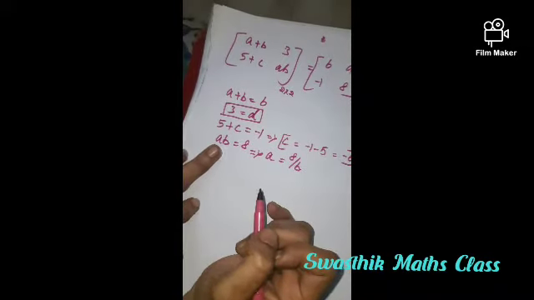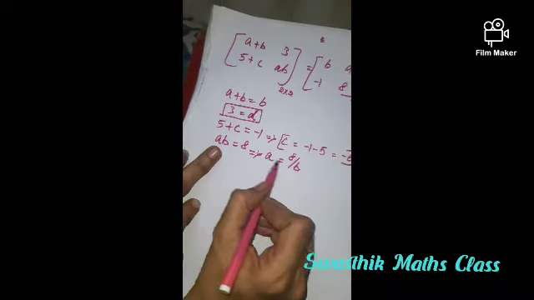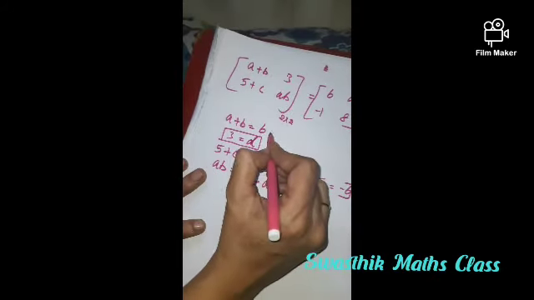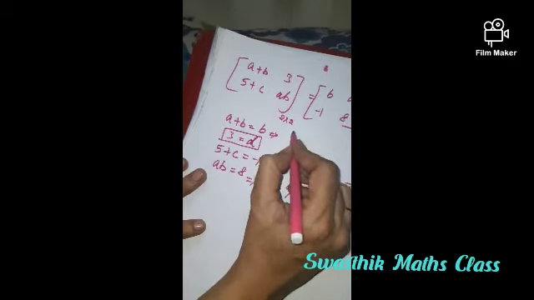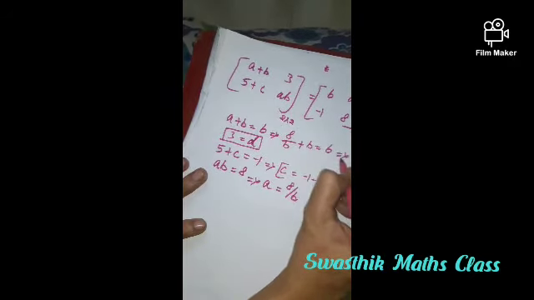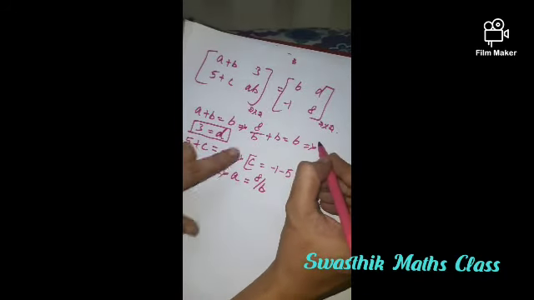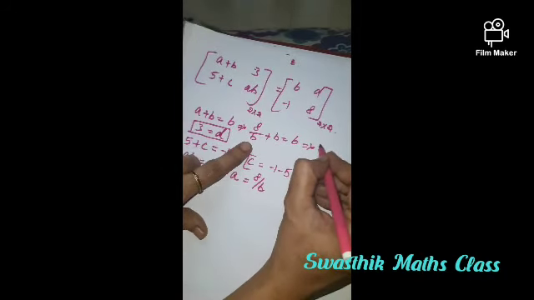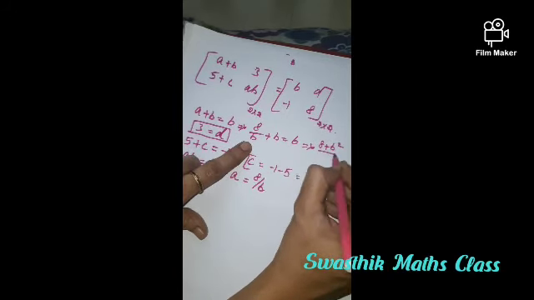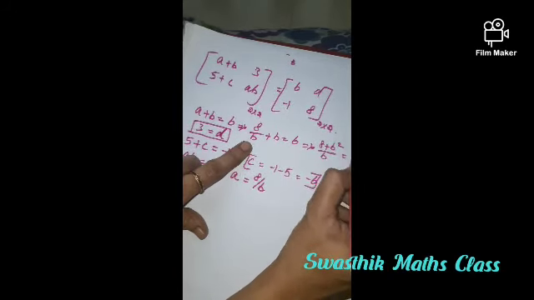So now from this equation, we get the value of A as 8 by B. Now, substitute this A here. So it becomes 8 by B plus B is equal to 6. Taking LCM on the left hand side, what we get? 8 plus B square divided by B is equal to 6.